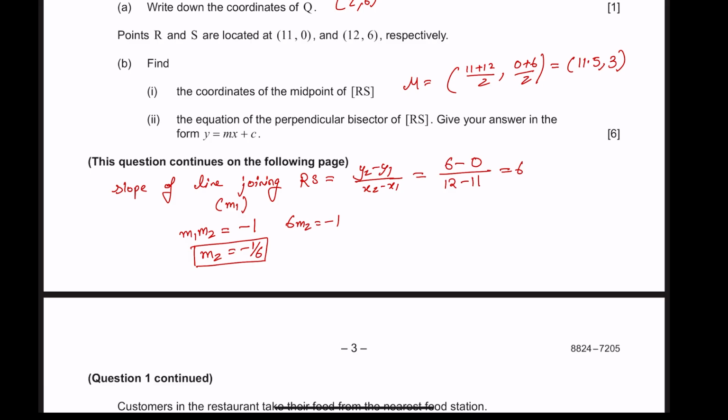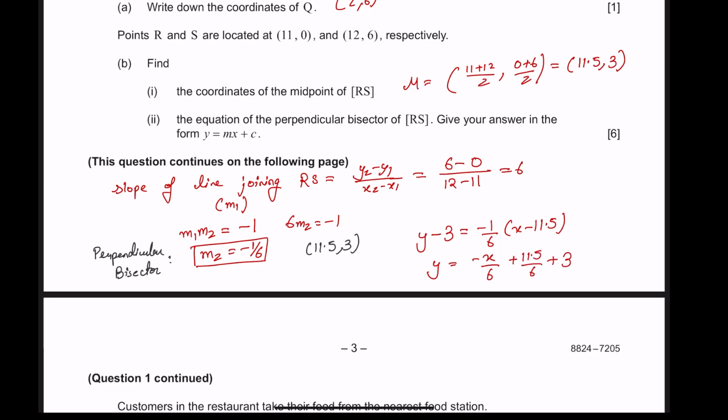Now m2 is this, and I know that this line, the perpendicular bisector, will pass through the point (11.5, 3). So the equation will be y minus y1 equals m times x minus x1, so y = -x/6 + 11.5/6 + 3.